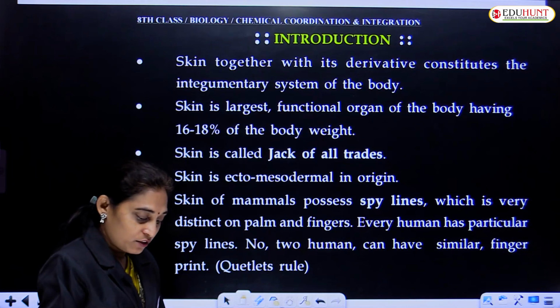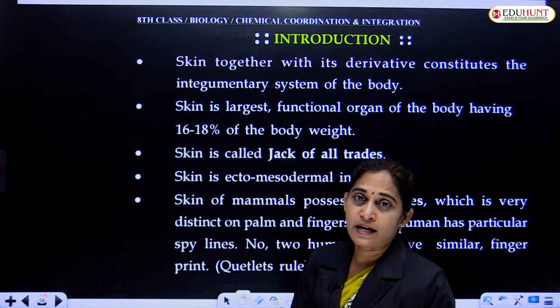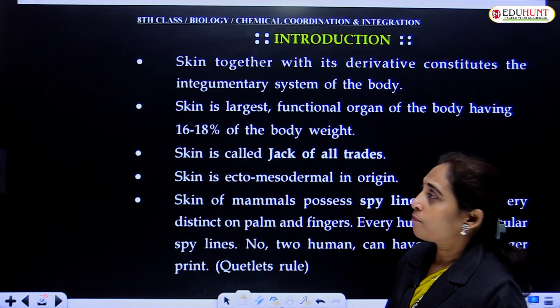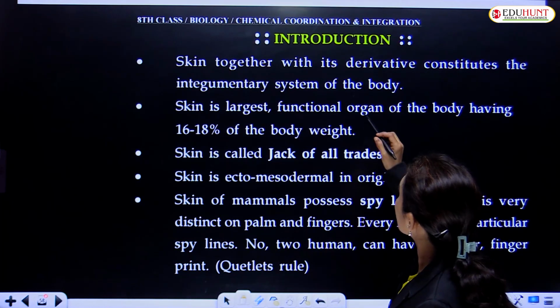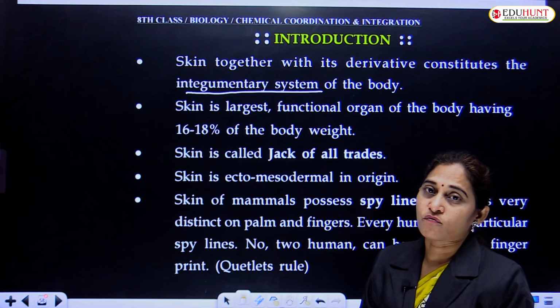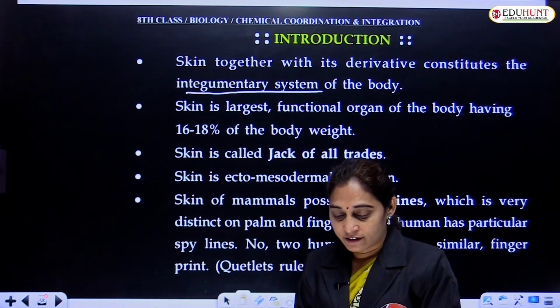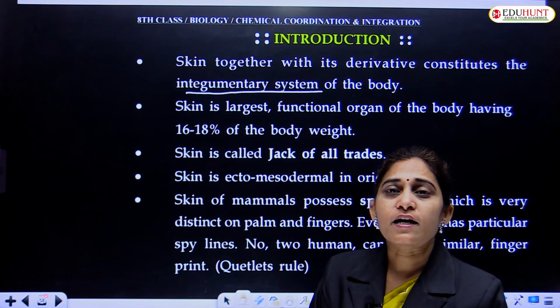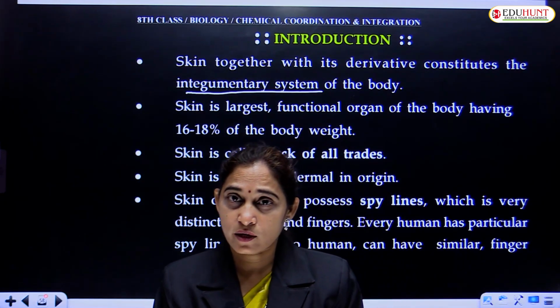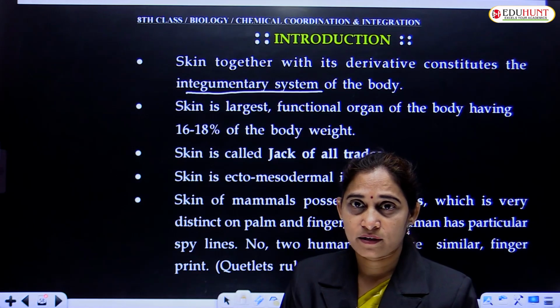Skin, together with its secretions and derivatives, constitutes the integumentary system of the body. It is the largest gland. We know that there are various glands, exocrine and endocrine glands, present in the body.